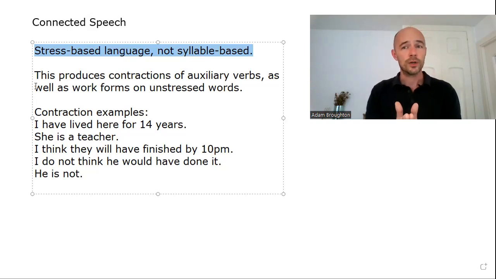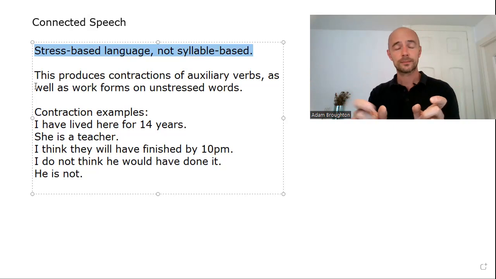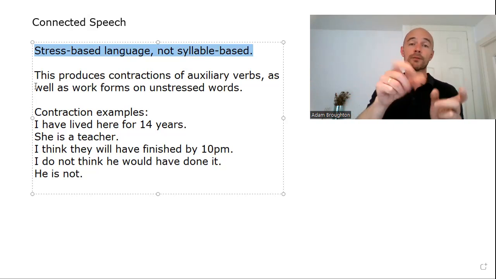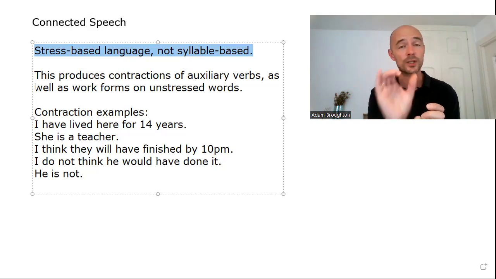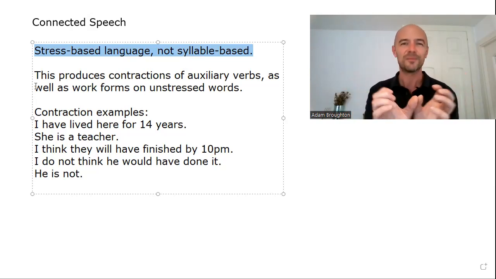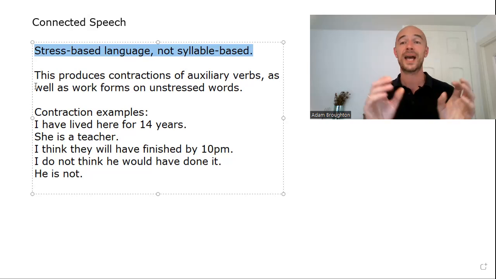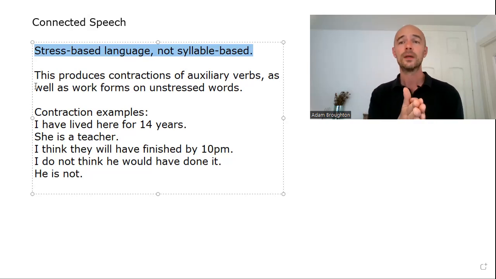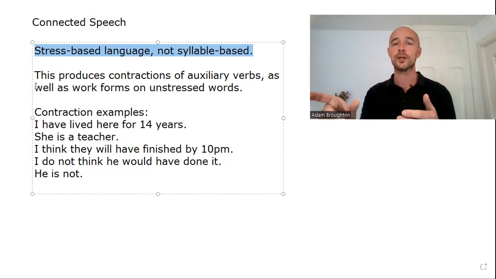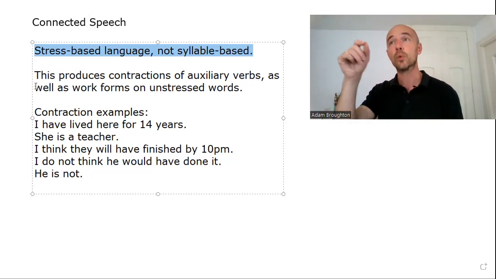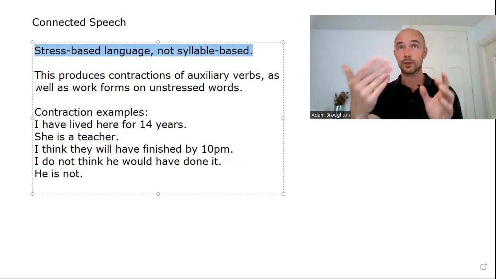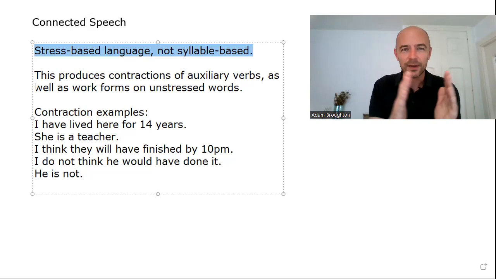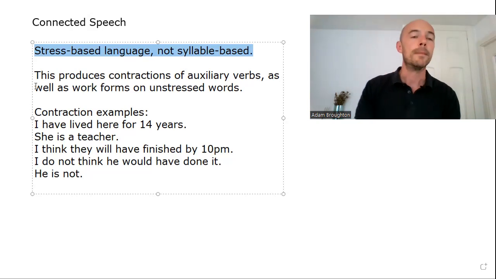It's a stress-based language, where the words that are stressed are given a lot of emphasis and pronounced quite strongly, and the other words are pushed together, compressed and contracted. Because it's a stress-based language, only the important words are pronounced as you would expect them to be, and the other words get pushed together and compressed. So this is what we're looking at.